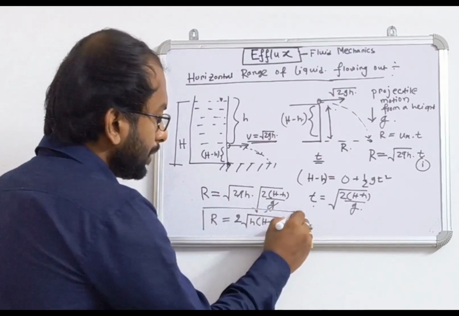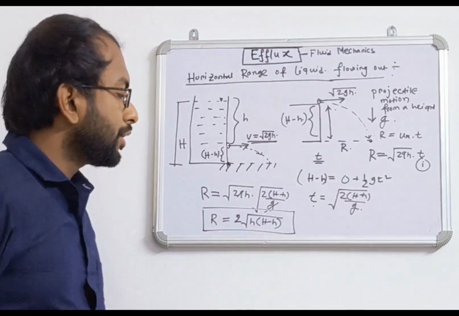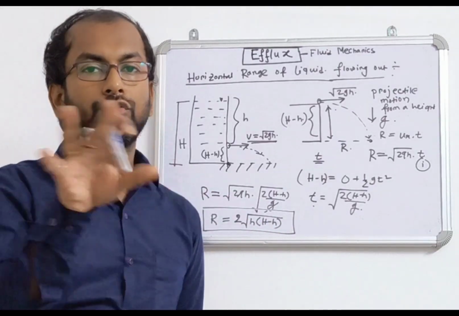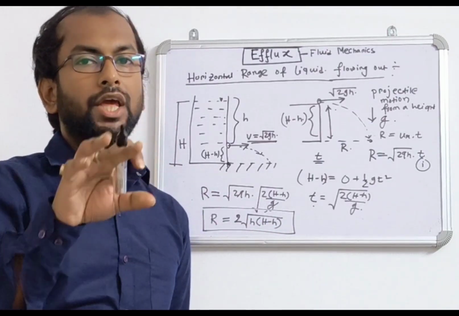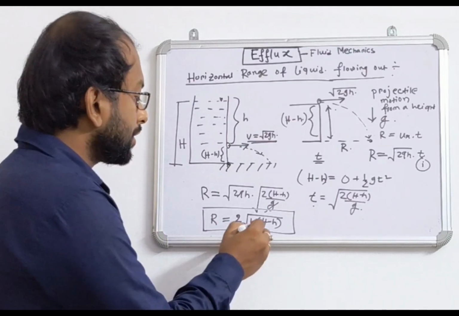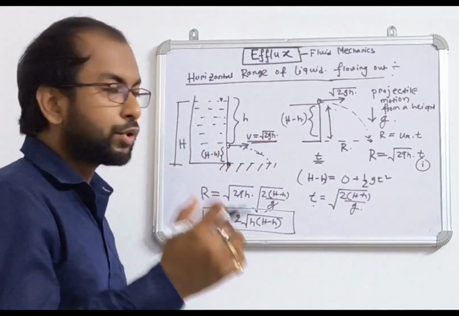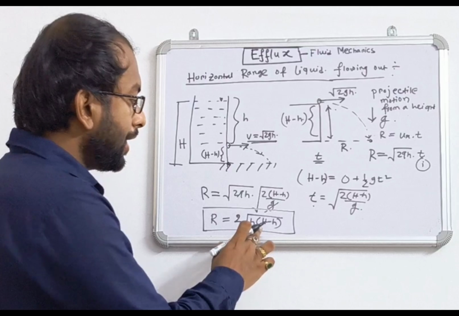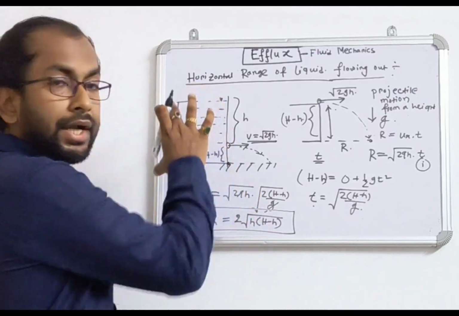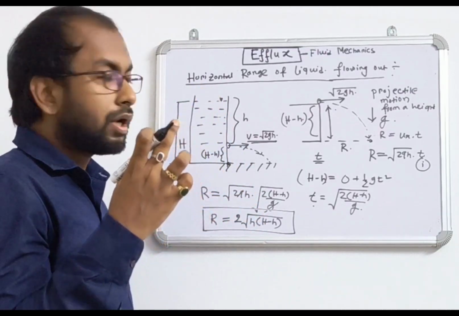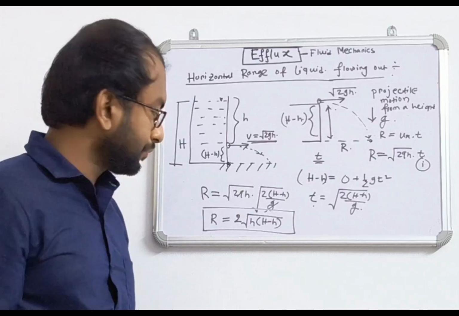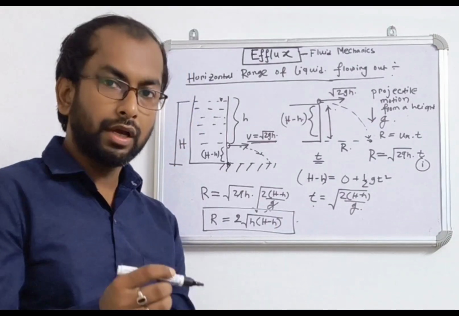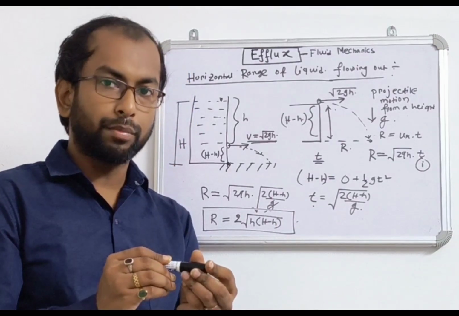So range R is equal to 2 into root over small h into (capital H minus small h), where this small h is the depth of the hole from the surface and capital H is the entire liquid height. I hope it is clear. Then we will proceed to the next topic.